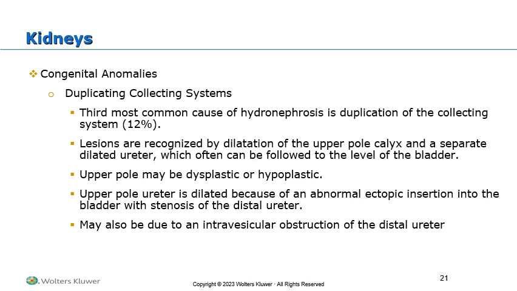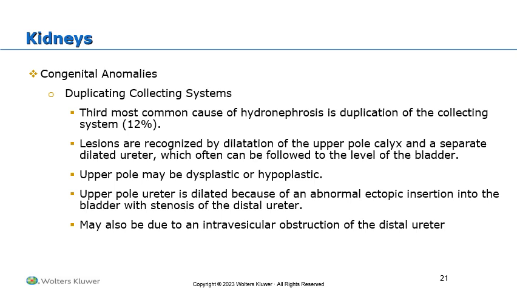So whenever we find this, we need to assess for its extent. If we have more hydronephrosis in that upper pole, oftentimes it's because we're going to have more reflux in the ureter to the upper pole, and it may result in that upper pole becoming dysplastic or hypoplastic.